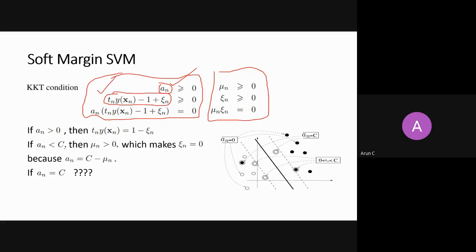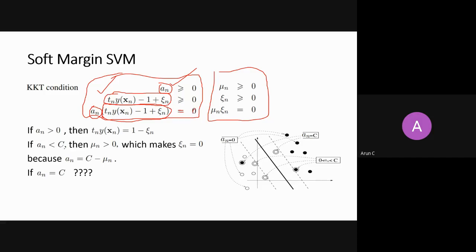The third condition is complementary slackness, which says that the multiplication of the Lagrangian multiplier with g(x) should always be equal to 0.